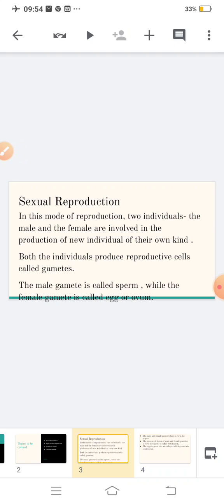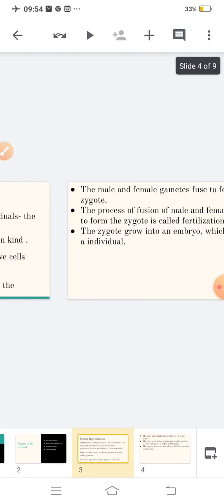Listen carefully. In this mode of reproduction, two individuals, the male and female, are involved in the production of a new individual of their own kind. Both individuals produce reproductive cells called gametes. The male gamete is called a sperm, while the female gamete is called an egg or ovum.